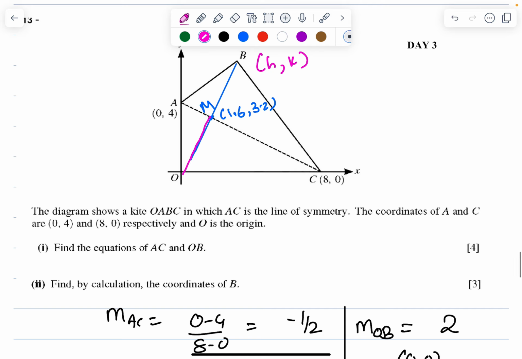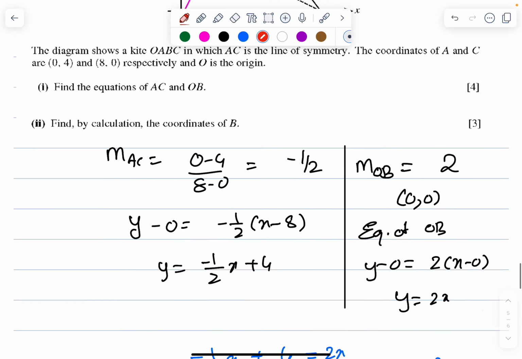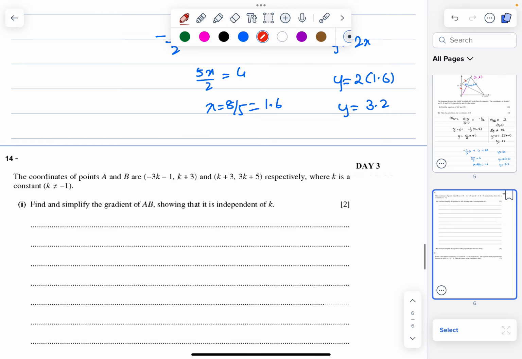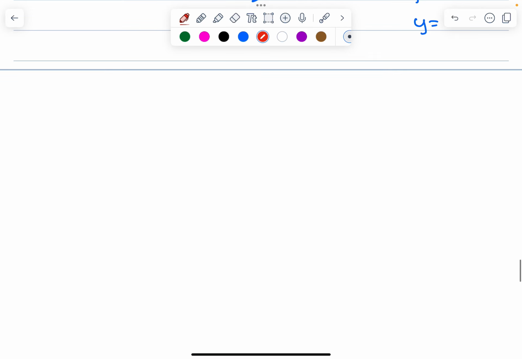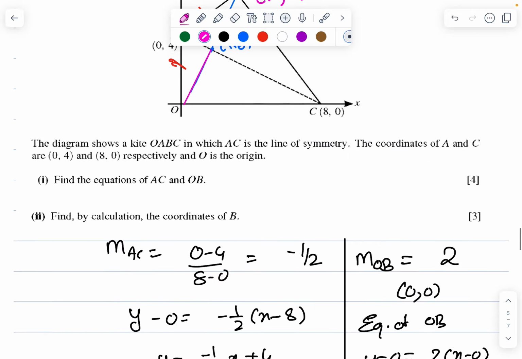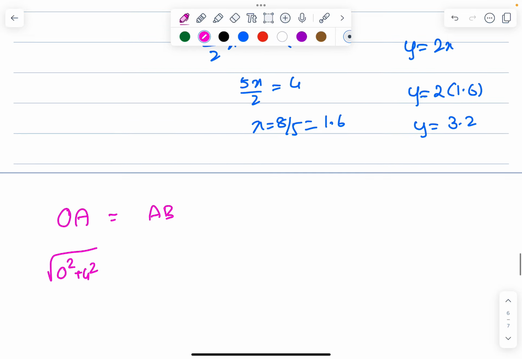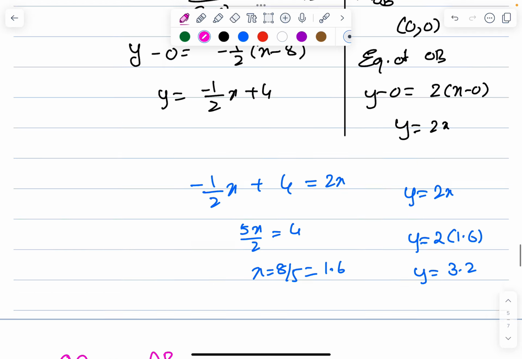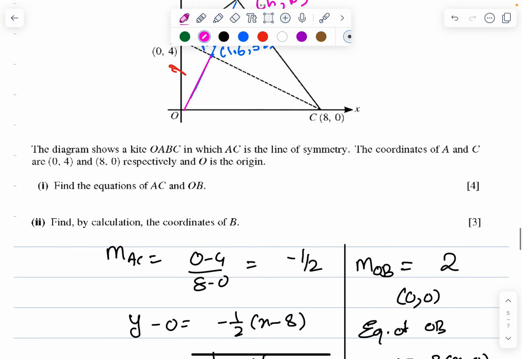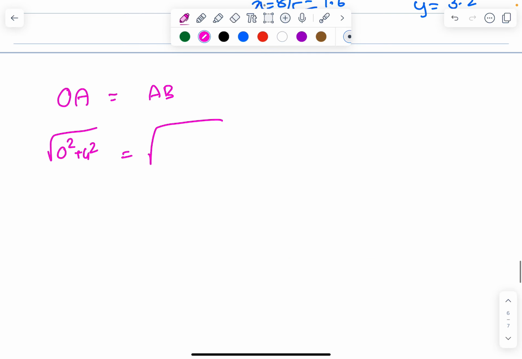Because it is a kite, OA should be equal to AB. OA is nothing but the square root of 0 square plus 4 square, which should be equal to the square root of H square plus K minus 4 whole square.